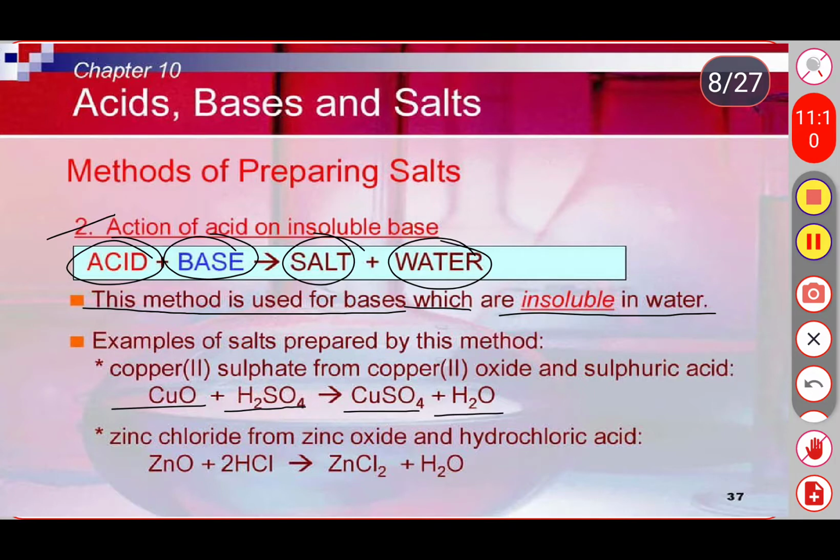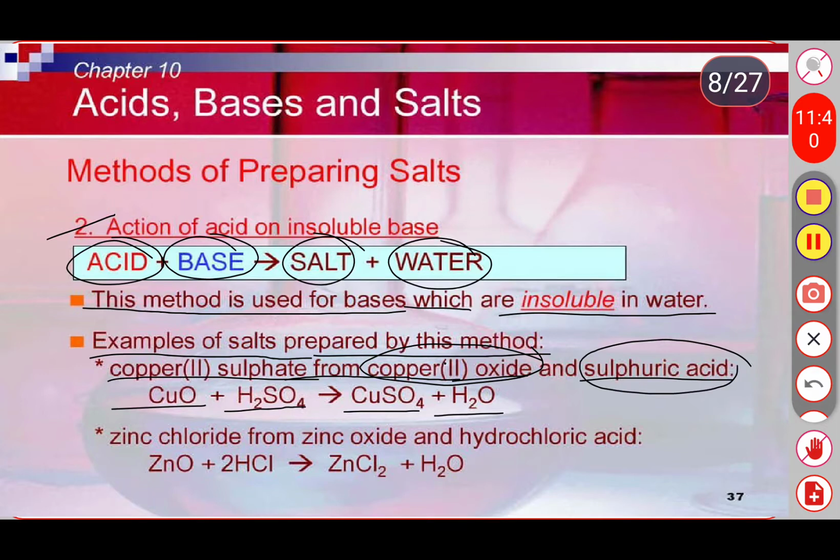See the statement of the example. Example of a salt prepared by this method: copper sulfate from copper oxide and sulfuric acid. When copper oxide is combined with sulfuric acid, what does it form?